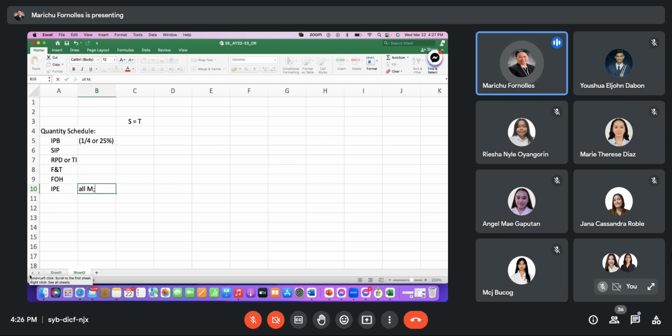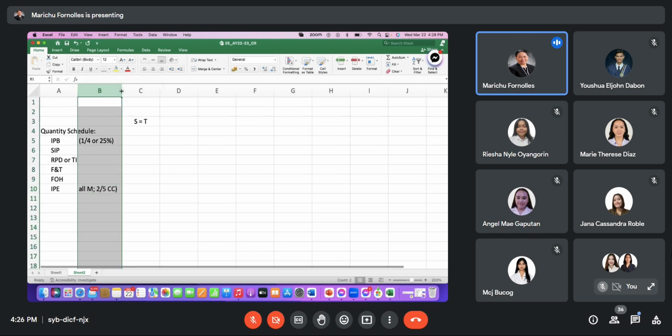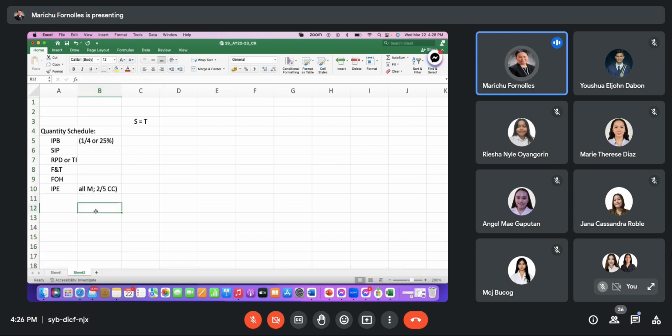Then you would say 2/5 complete as to conversion costs. So that is another possible parenthetical notation where the percentage applied to materials is not the same as the percentage applied to labor and overhead.